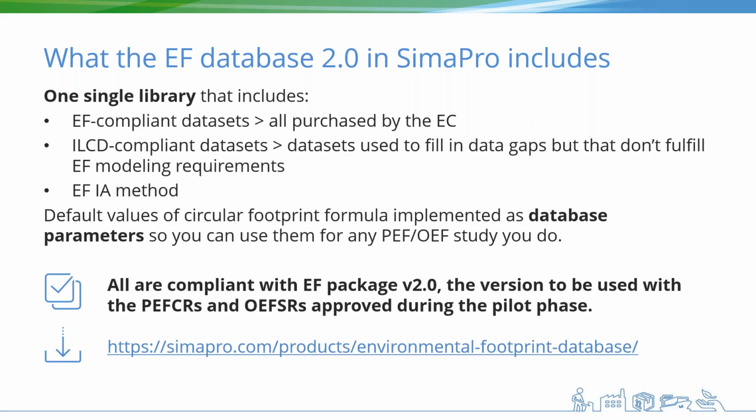This package was essentially a fixed list of substances, units, and characterization factors that the Commission released in the context of the pilot phase, and they froze it to be used with any output of the pilot phase, so to speak. So this is what it includes.